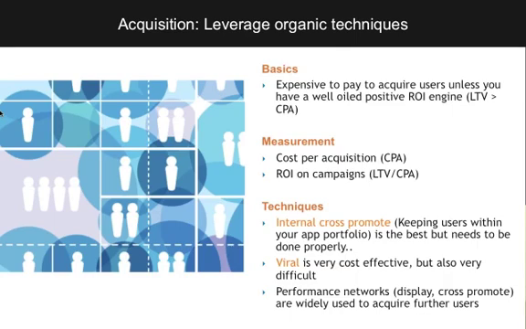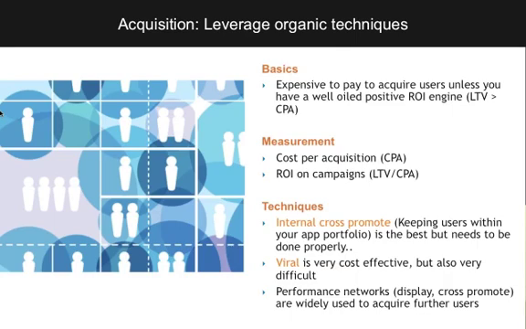What you need to do over here in the first instance is to make sure that when you're paying for acquiring users, you have an ROI positive engine running in your app. Right? And what that means is you need to ensure that you're extracting more value out of the users that you acquire than what you paid to acquire them.